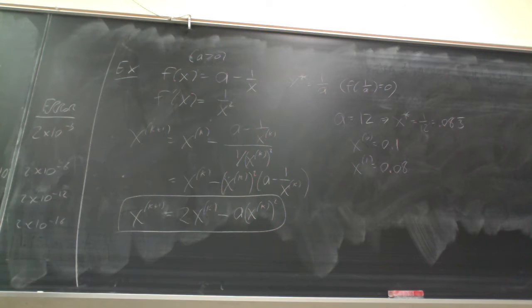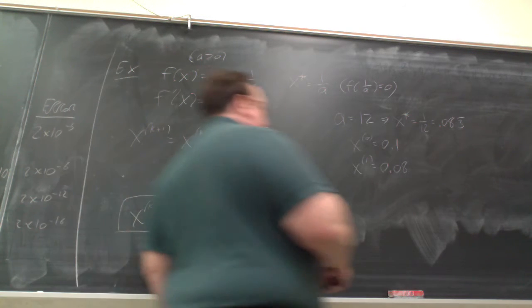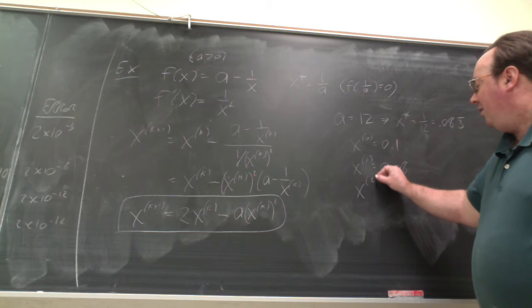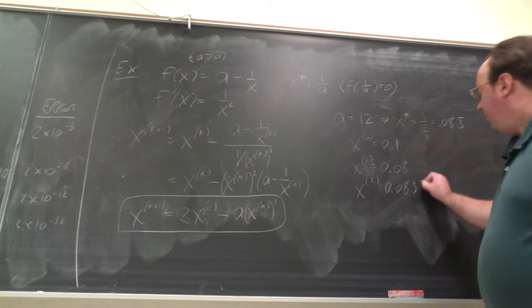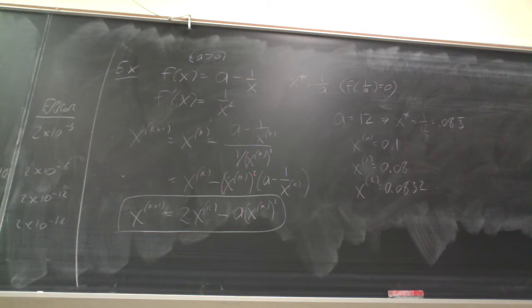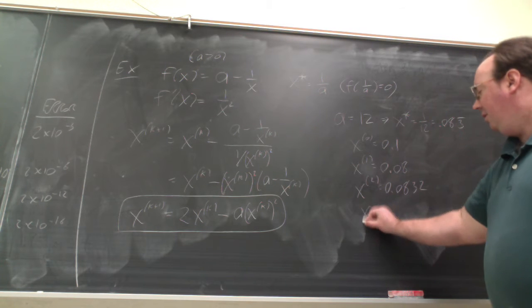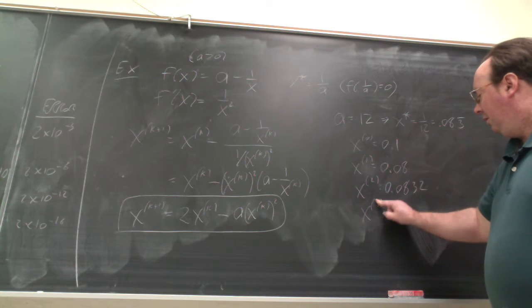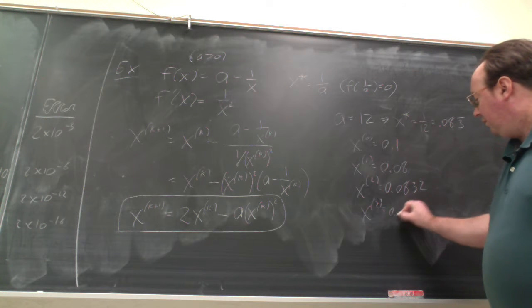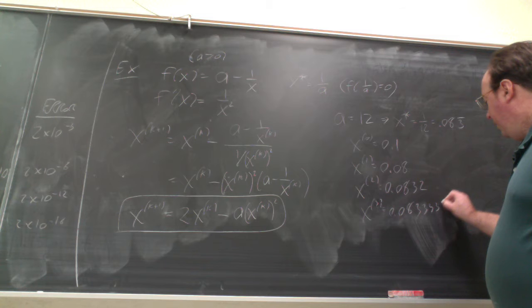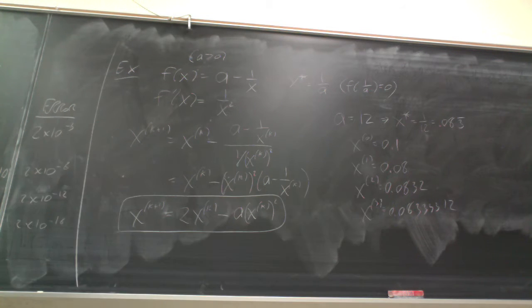I'll just carry out a few iterations here. We want to see 0.083 repeating, so we start to get that pattern, 0.0832. Then our third iteration, 0.083333312, and I'll just do one more.